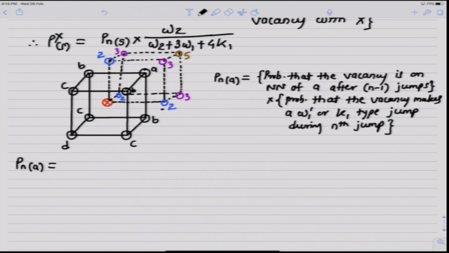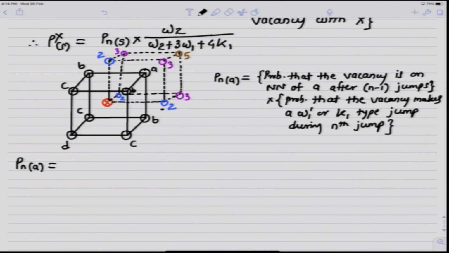Now, if you consider any second nearest neighbor atom of x, let us consider this atom 2 here. For the vacancy to exist on this site after n minus 2 jumps, the vacancy should have been on one of the nearest neighbor sites of 2.